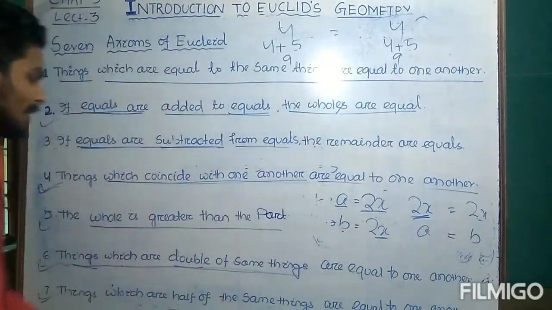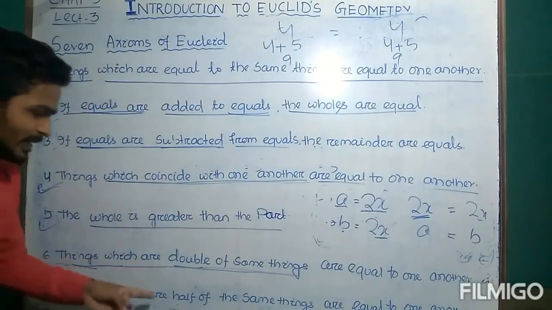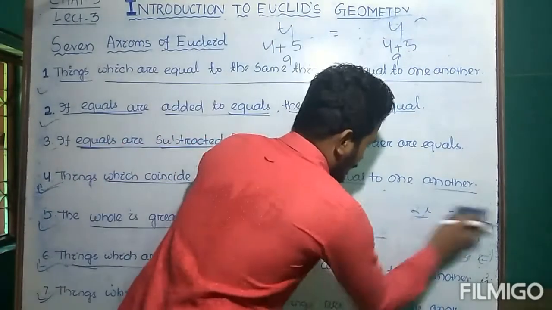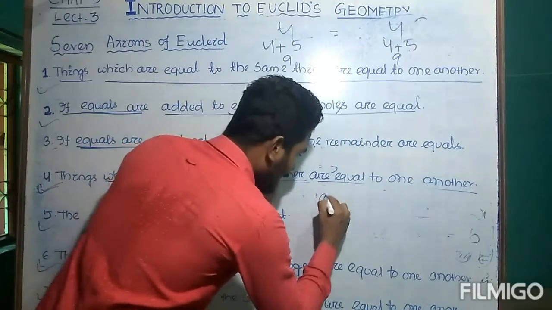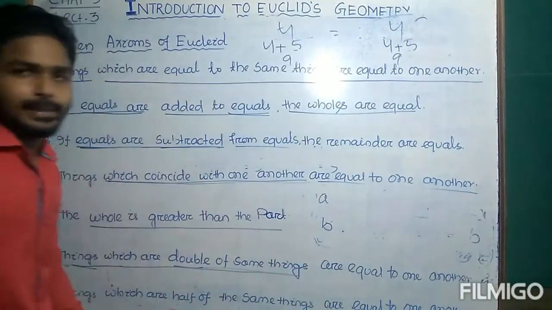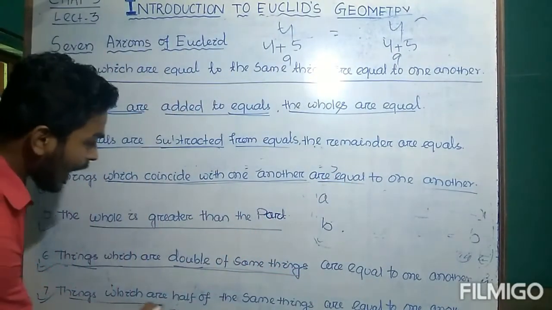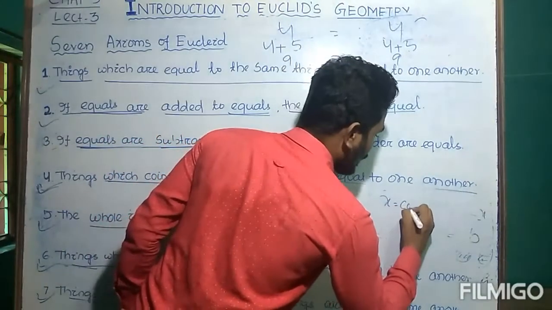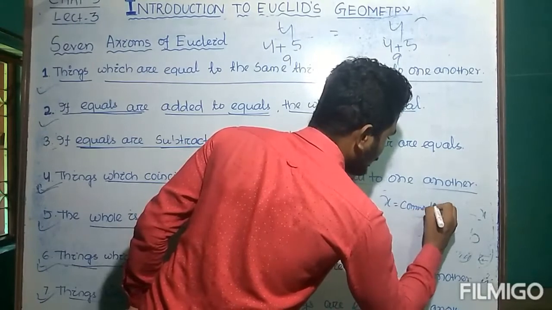Okay. Next, things which are half of the same thing. Things means you have to take two objects. Suppose X is the common, or same, thing.